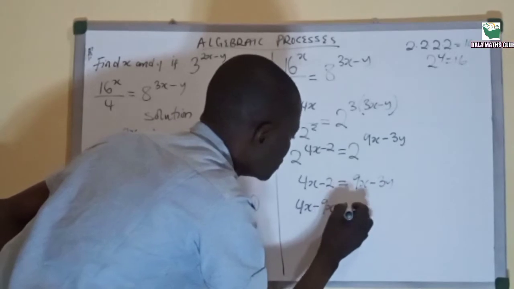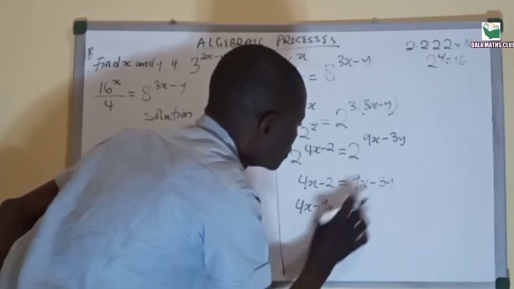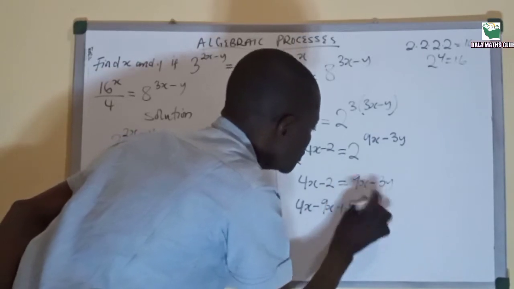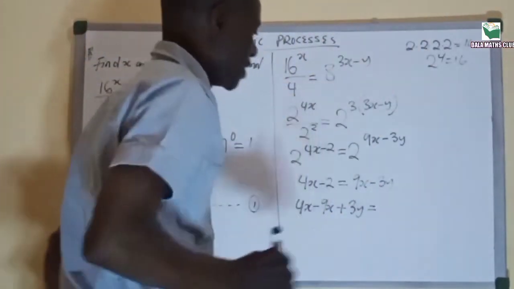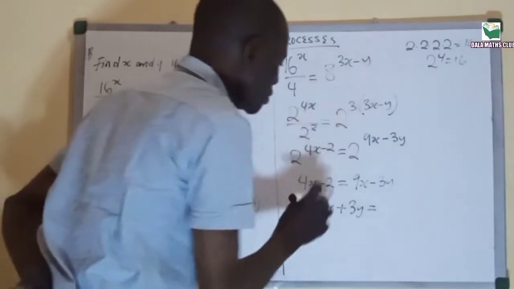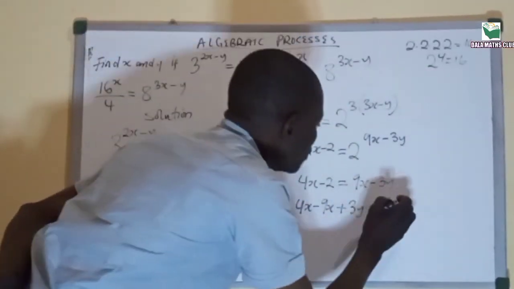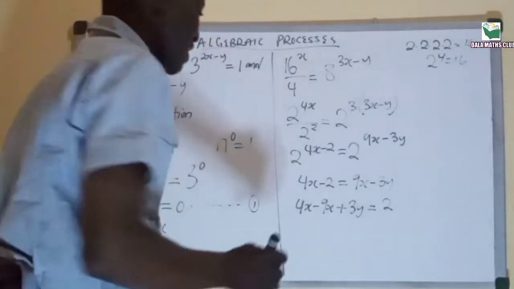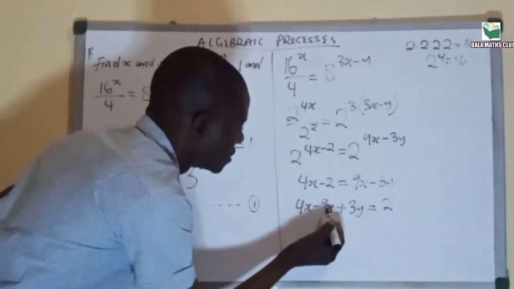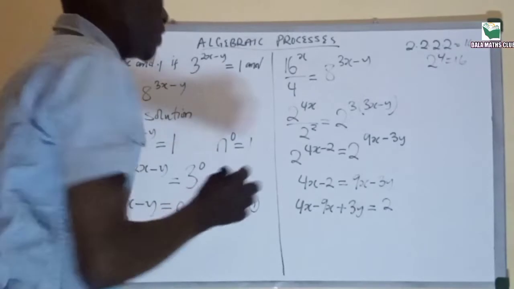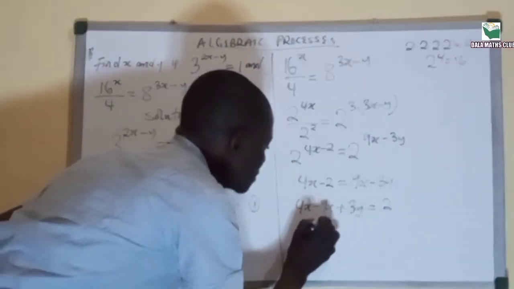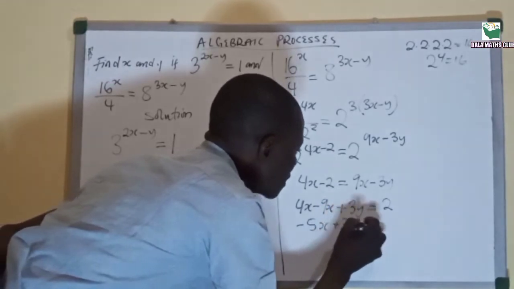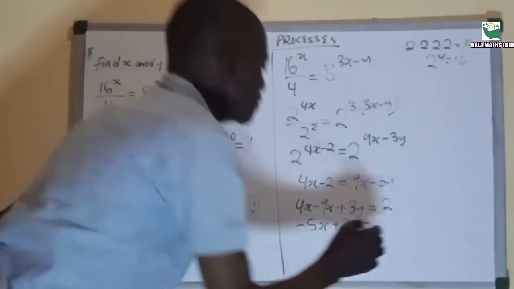This is minus, it becomes plus, minus 3y will become plus 3y is equal to, these two should go to the next side. When you cross this equal sign, it becomes 2. So we now simplify. That will be the next. 4x minus 9x, we have minus 5x plus 3y is equal to 2.